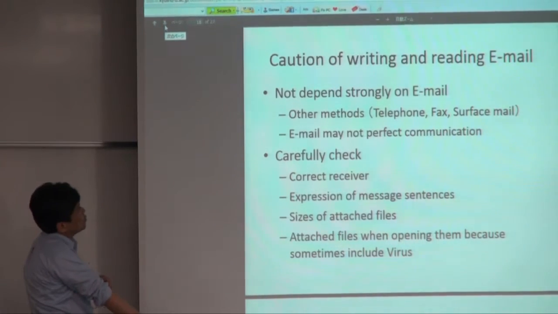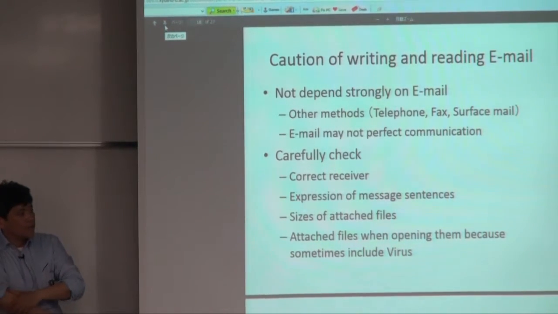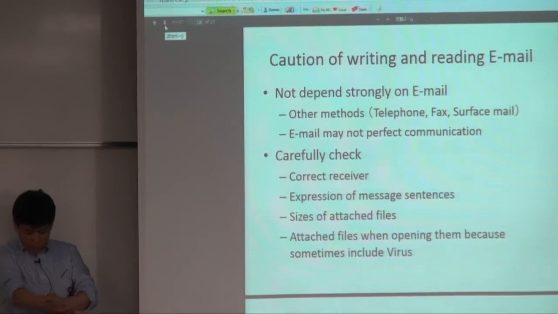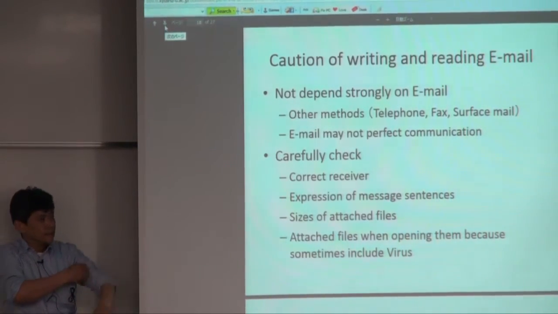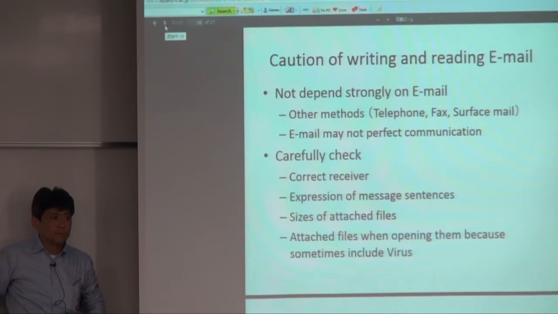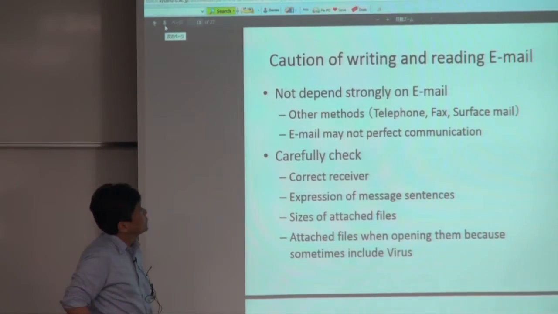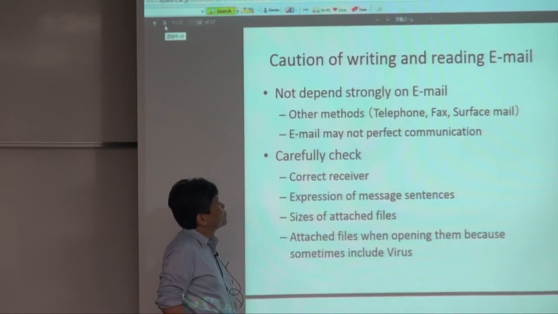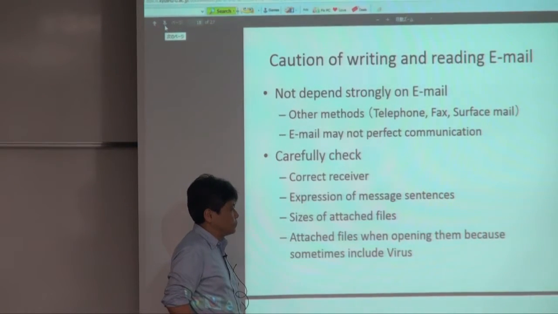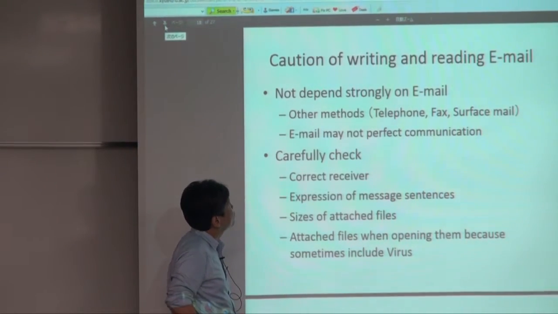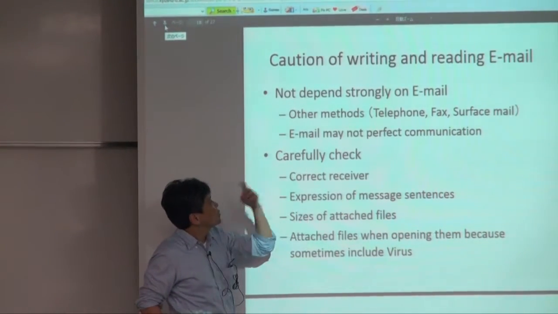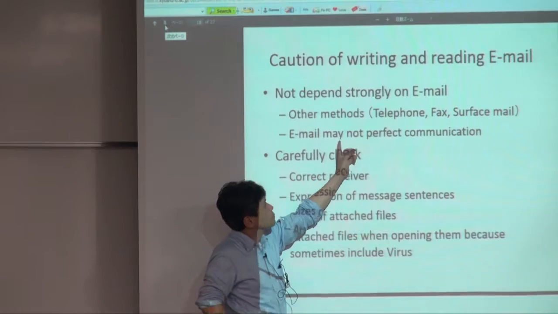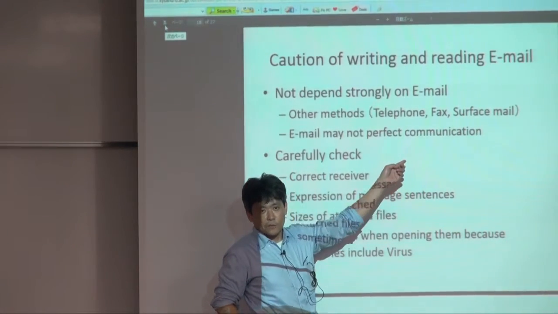And this shows cautions for writing email. I already explained the content of this in the email topic. Okay. So don't depend strongly on email because, as shown here, email may not be perfect communication.